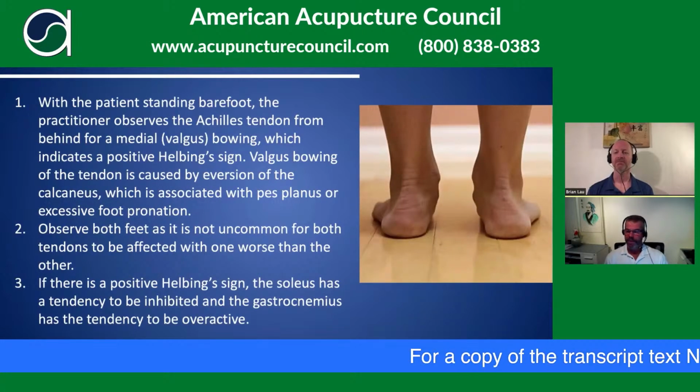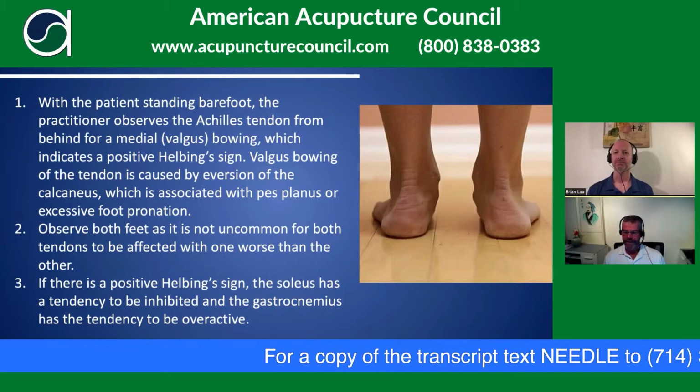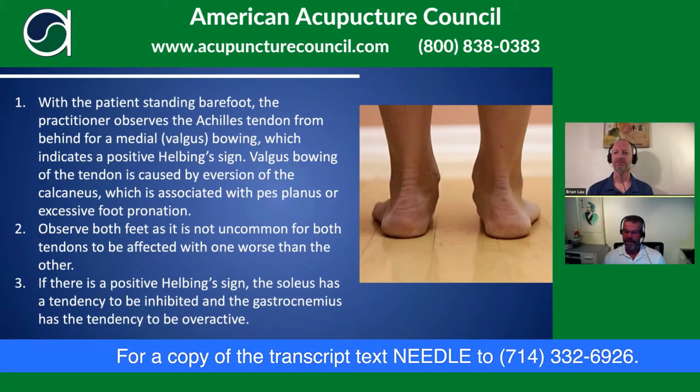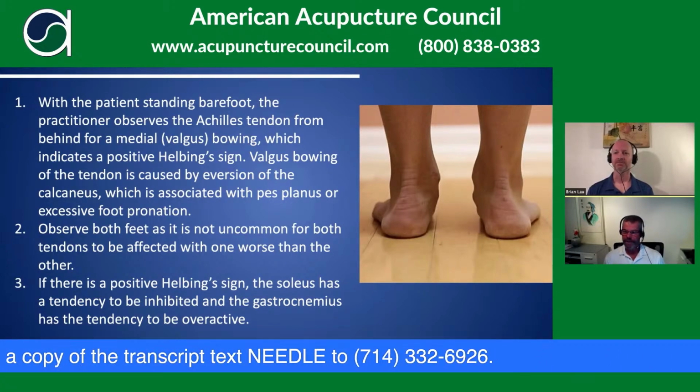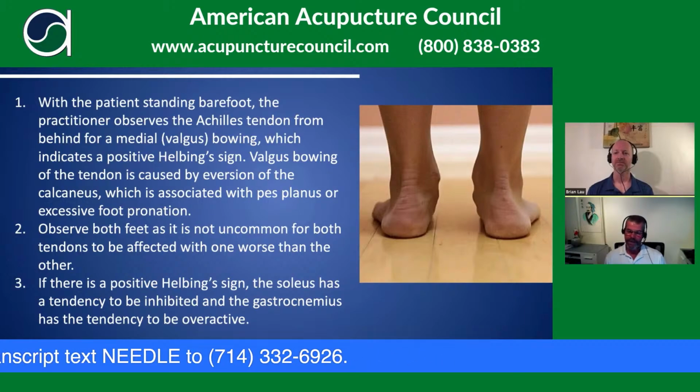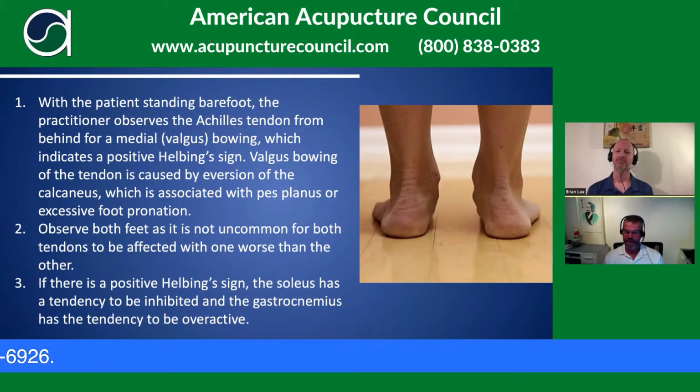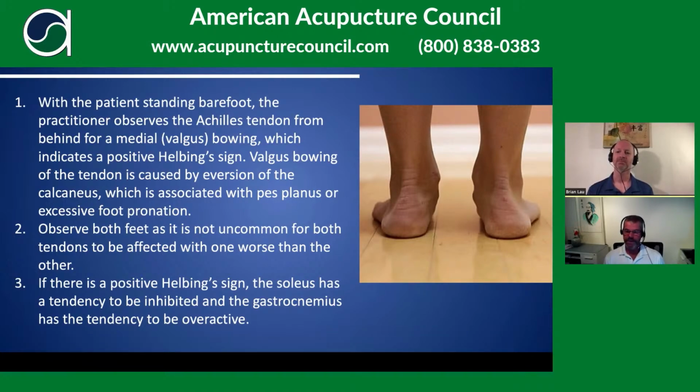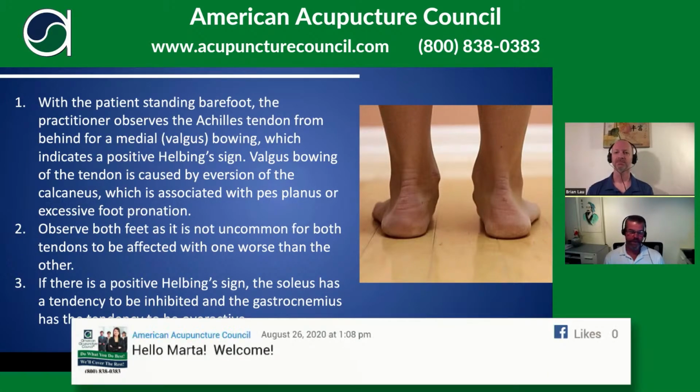So here we've got Helbing sign, the calcaneal eversion. So the calcaneus is tilting into an everted position. You've got a bowing of the Achilles tendon, as we discussed before. This can lead to a number of different injuries, tarsal tunnel syndrome, Achilles tendinopathy, etc. So looking at this Helbing sign is an indication for foot over-pronation.